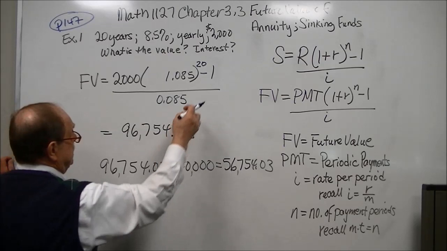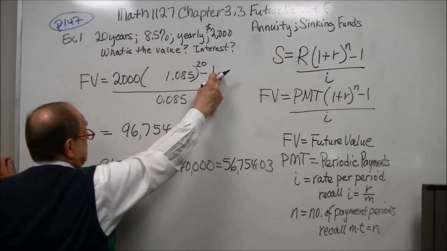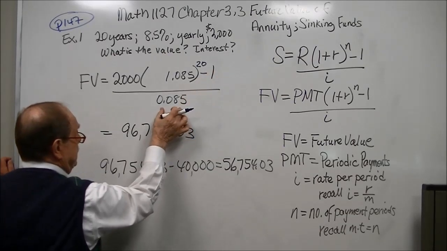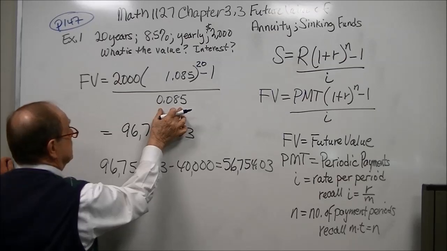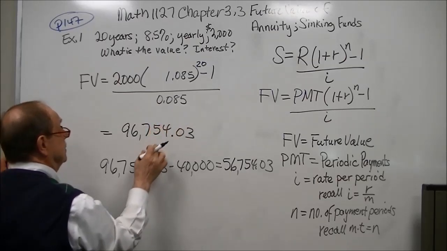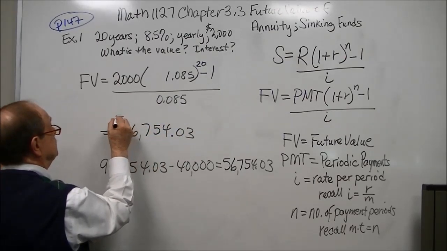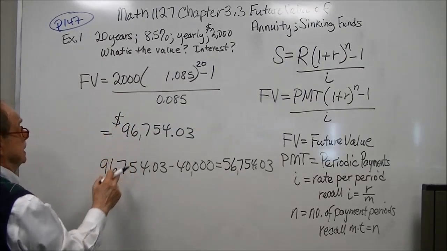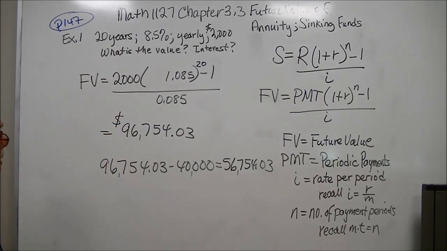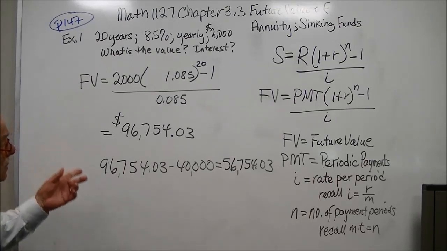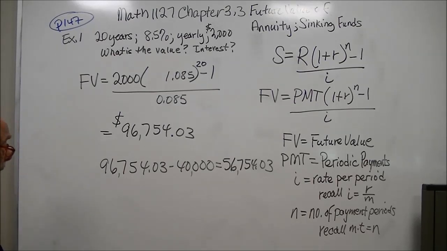Once you do that, you're going to subtract 1. And then you're going to divide it by this. And when you do that, you end up with this answer. This is the future value of your total amount in this annuity that you've developed.